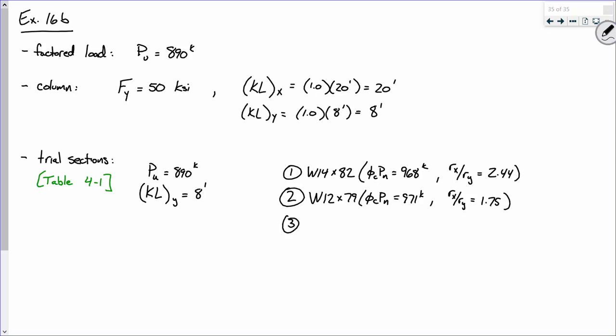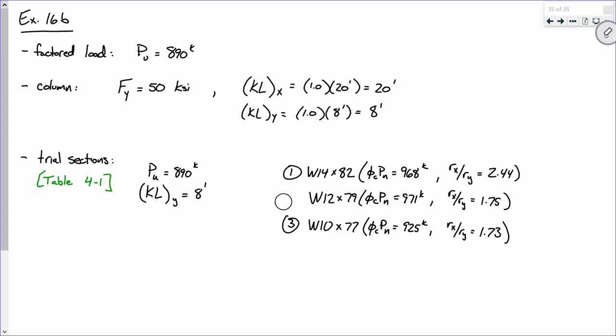Now a W10. 77. Do I have a second on that? Now, what's the phi Pn for that? And it's Rx over Ry, 0.73. Okay.